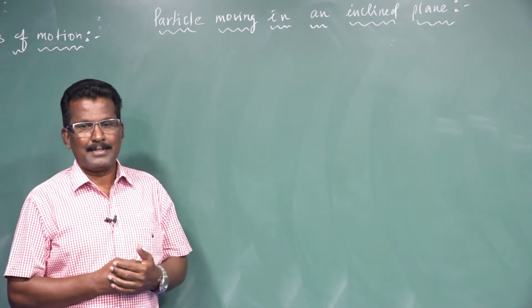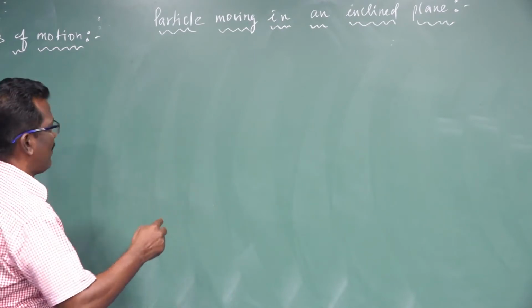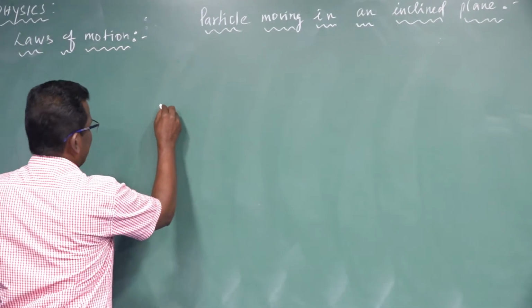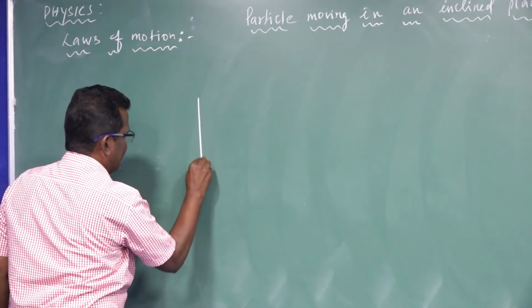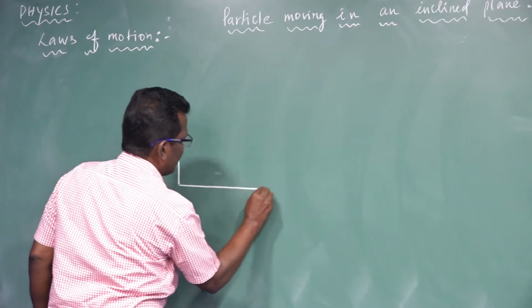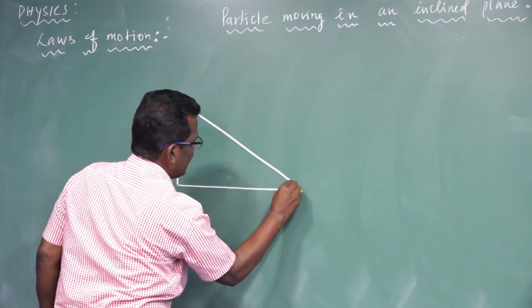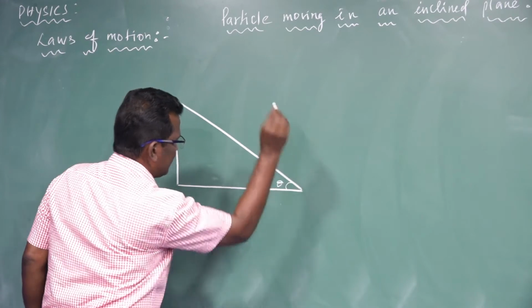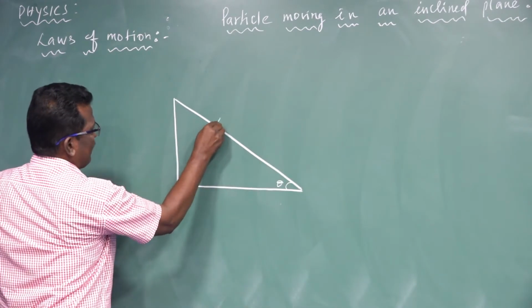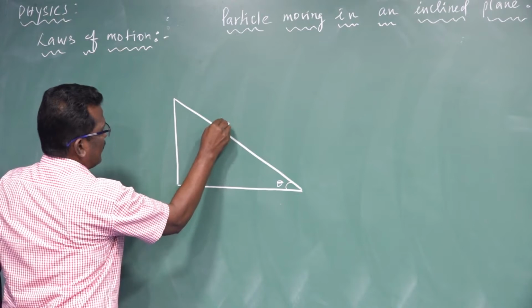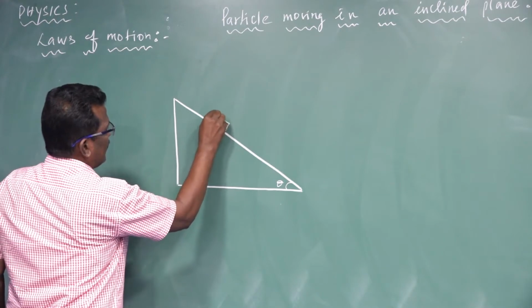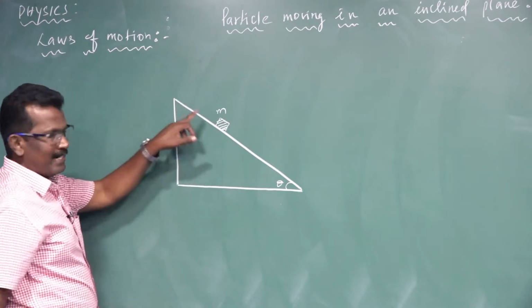Let us consider a body of mass m, which is placed on an inclined surface, making an angle theta with respect to the surface. So this is the theta. A body of mass m is placed on an inclined surface.